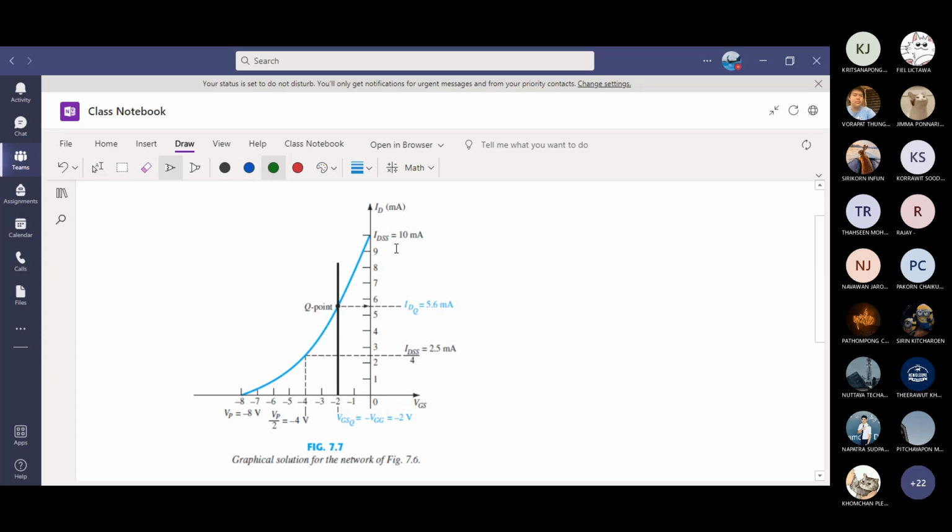In our problem, IDSS is 10 milliamp. VP, the pinch-off voltage, is -8 volt. So we can take 3 shortcuts. When VGS is 0, what is ID? ID equals IDSS. That's your first point. When VGS equals VP, what happens to the equation?